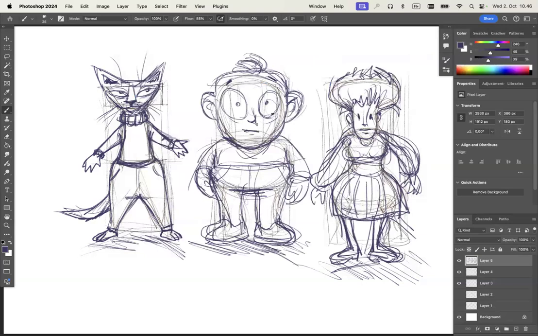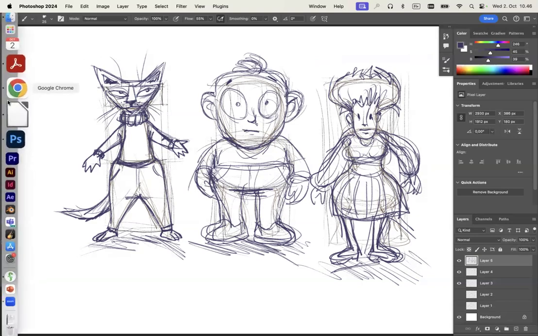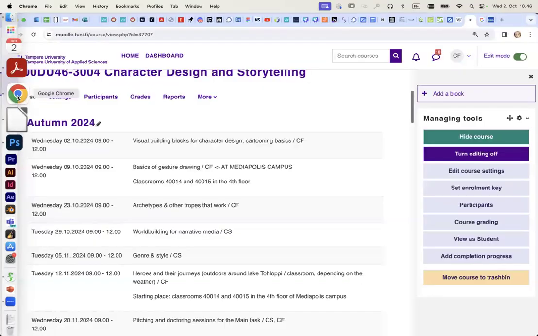Okay, let's go to the second task, or actually the first task, about analyzing characters.